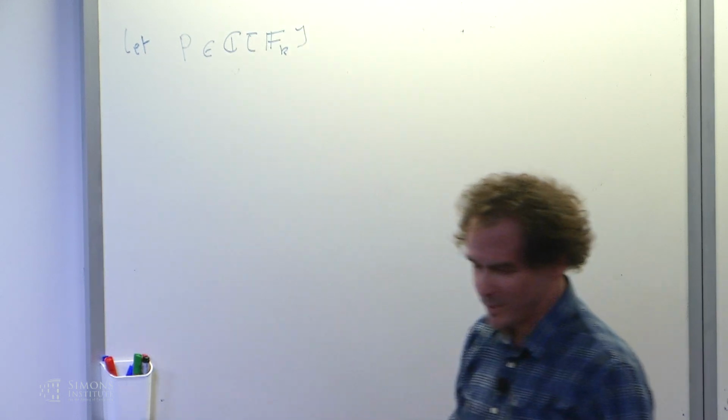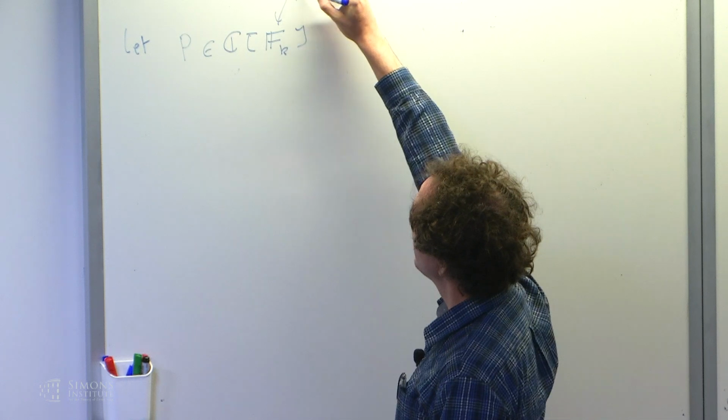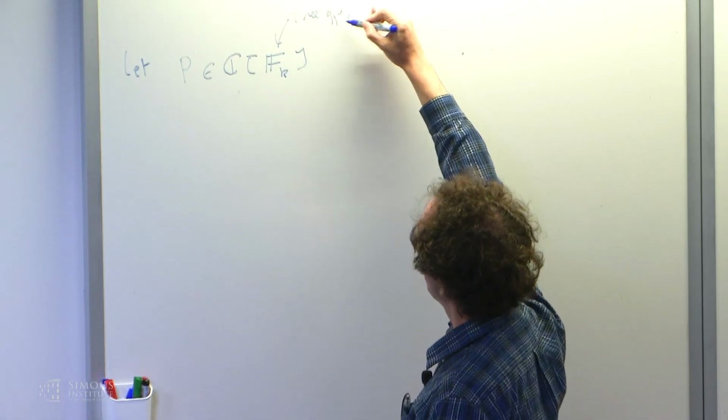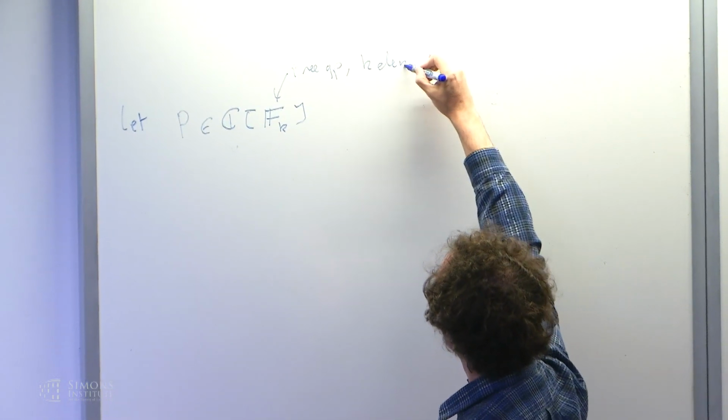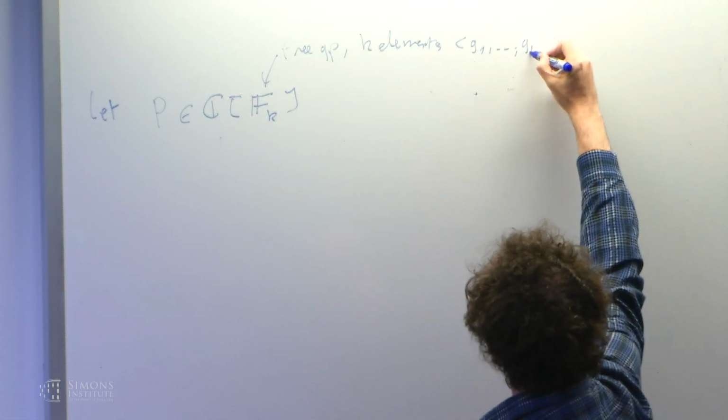This is maybe not a standard notation. This is the free group on k elements, generated by, let's say, G1 to Gk, where there are no relations except that Gi times Gi inverse is identity.